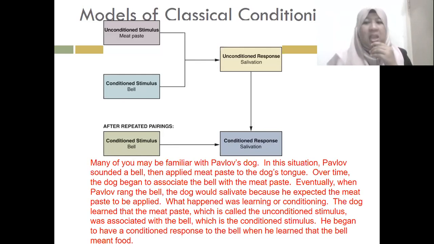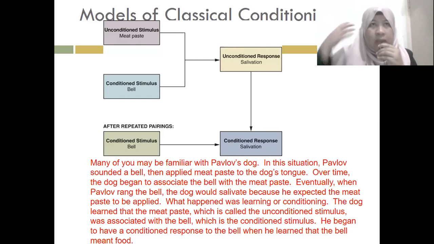This is the theory. According to this situation, I already told you just now, but we repeat again. Pavlov sounded a bell and applied the meat paste on the dog's tongue. Over time, the dog began to associate the bell with the meat paste. So eventually, when Pavlov rang the bell, the dog would salivate. Salivate means mengeluarkan air liur. Because it expected the meat paste to be applied, the dog was already trained.